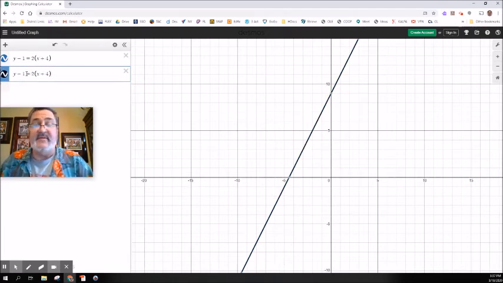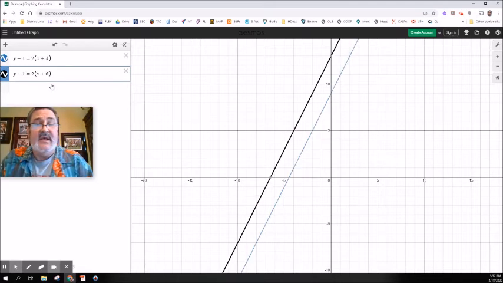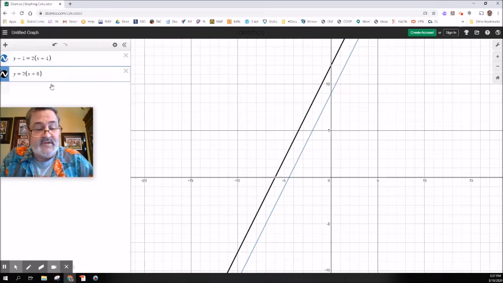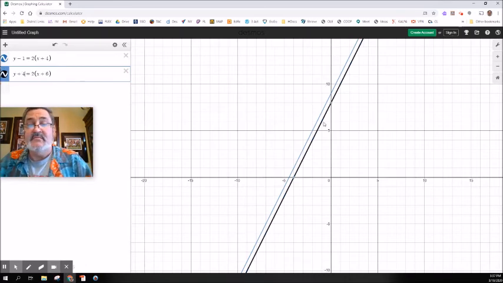Okay, I've got the exact same line. If we just added 2 to the x, made it 6, and we added 5 to the y, so that negative 1 become plus 4, it's the same line, right? Same slope. It's a line with the same slope.